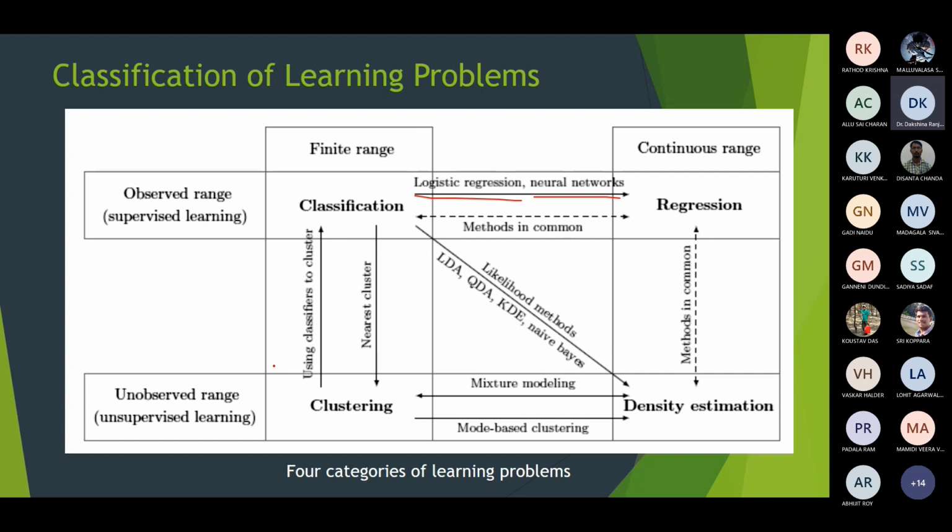Here we only discover the required pattern, and if we want to associate the class information, then we can obtain the classification. Similarly, if we want to transform the classification problem into clustering, then we can use the nearest cluster strategy. This nearest cluster strategy transforms the classification into clustering.